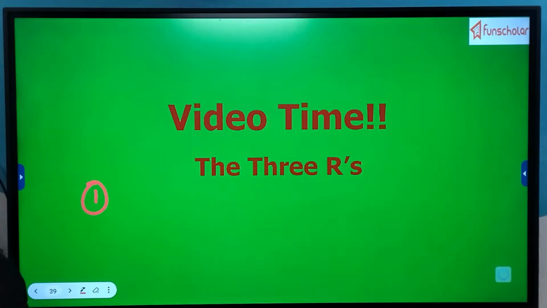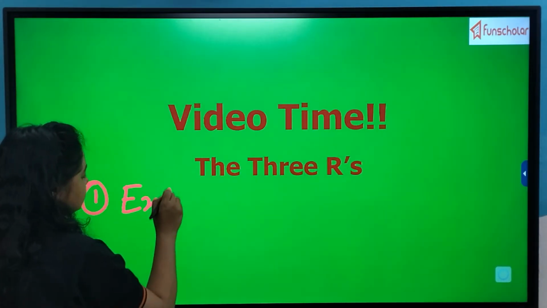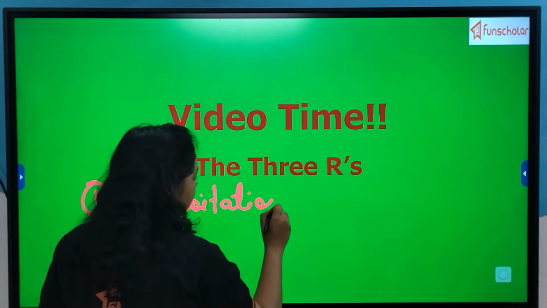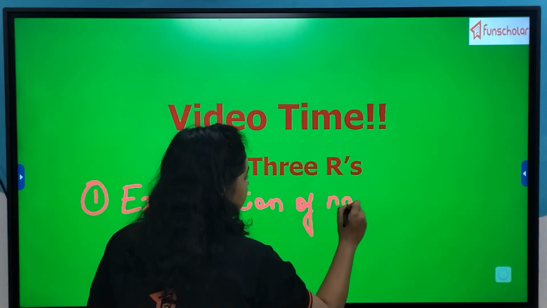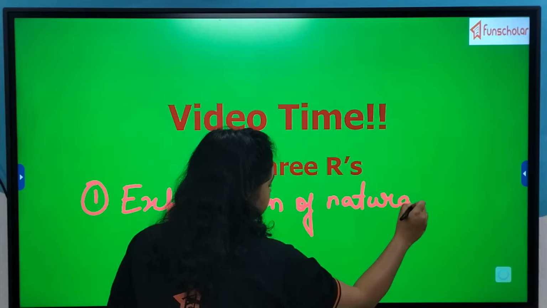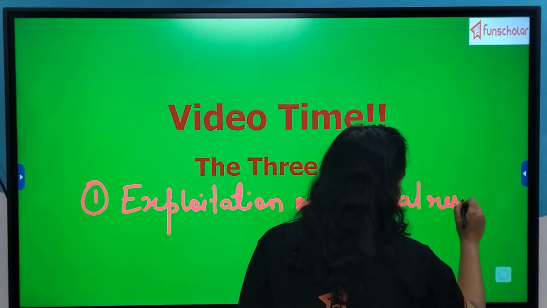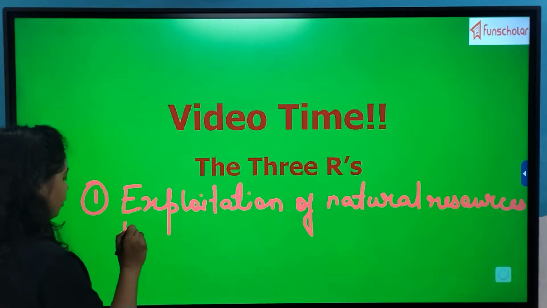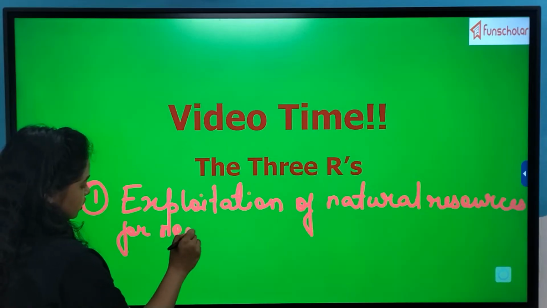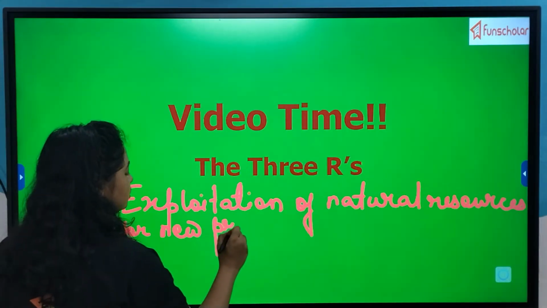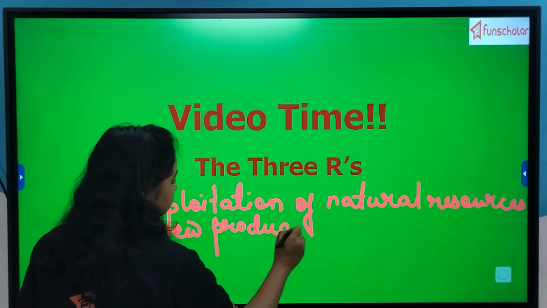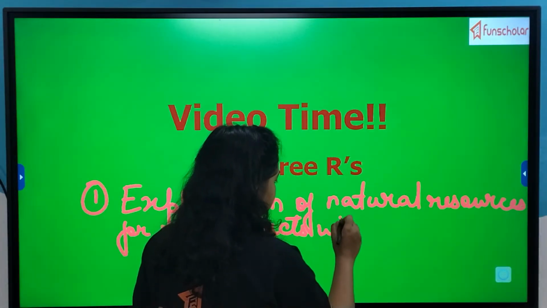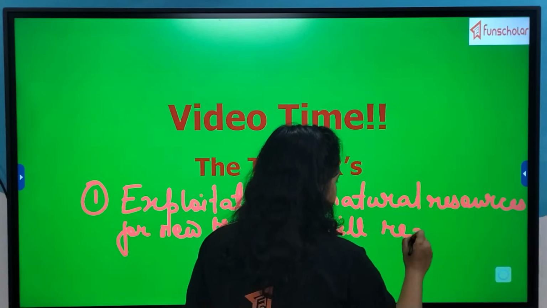Number one, exploitation of natural resources for new products will reduce.